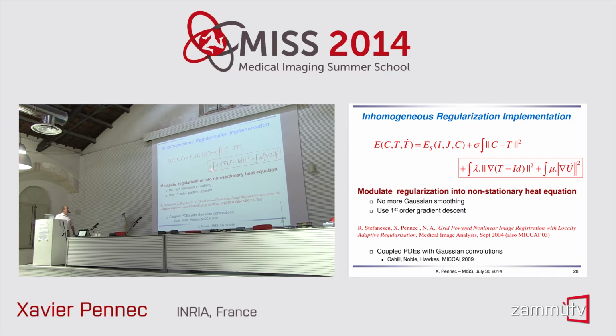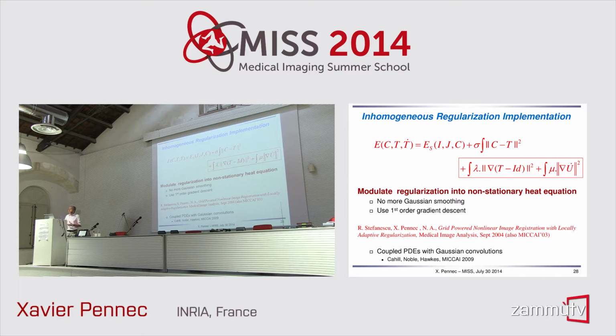This means that if I'm putting a high lambda at some point, I will penalize a lot all the deformations at that point. Now, if I want to have large deformation at one point, I can put a lower lambda at this point, and the deformations are less penalized.